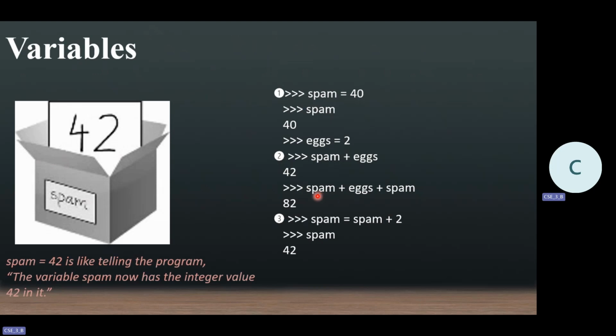We have also added three different variables, so the values 40, then 2, then again plus 40, give 82. And then we can also update the value by giving the variable name which holds the value, and the result is 42.